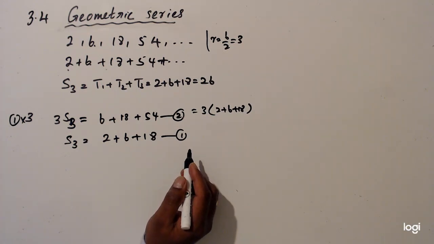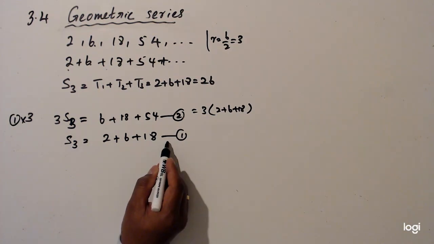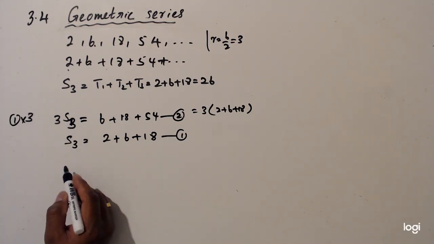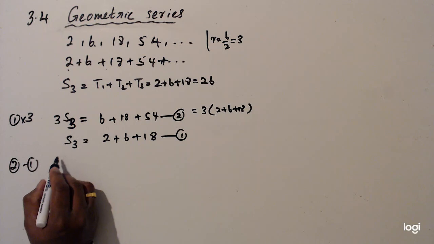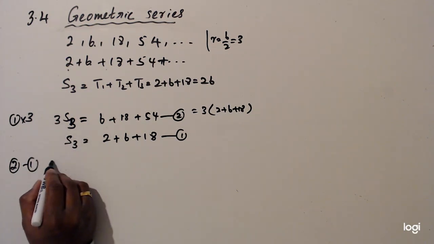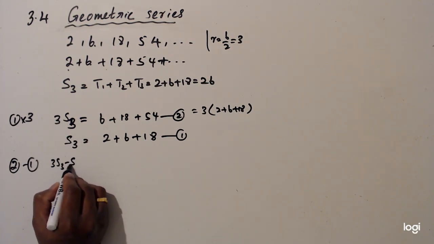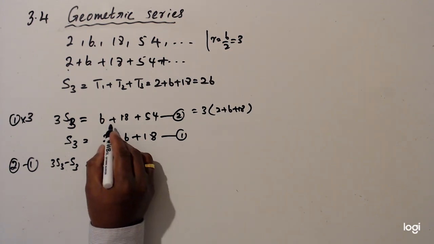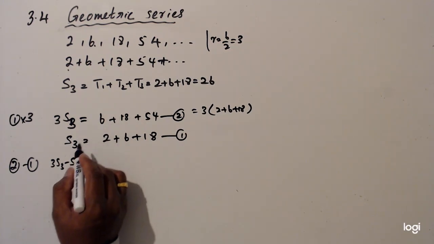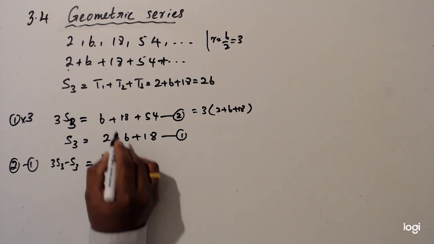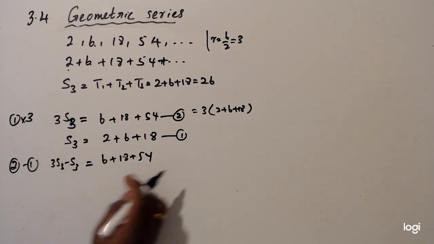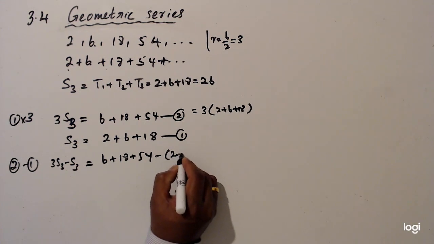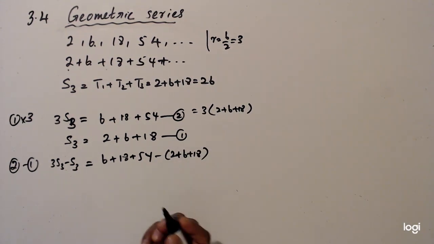Now I multiply the first equation by 3. Then I will subtract: 2 minus 1, that is 3S3 minus S3 equals 6 plus 18 plus 54, the second equation's right side, minus 2 plus 6 plus 18.